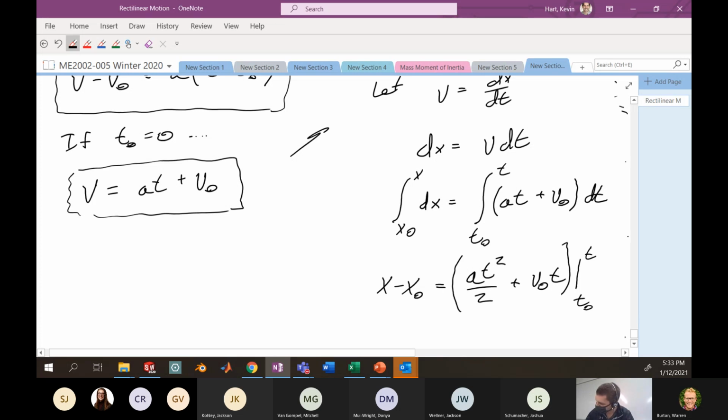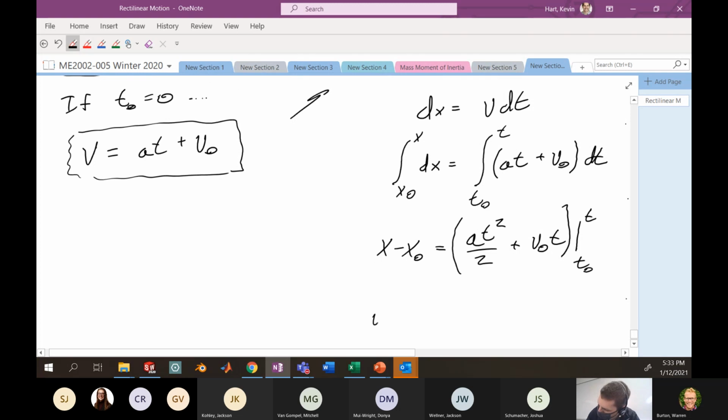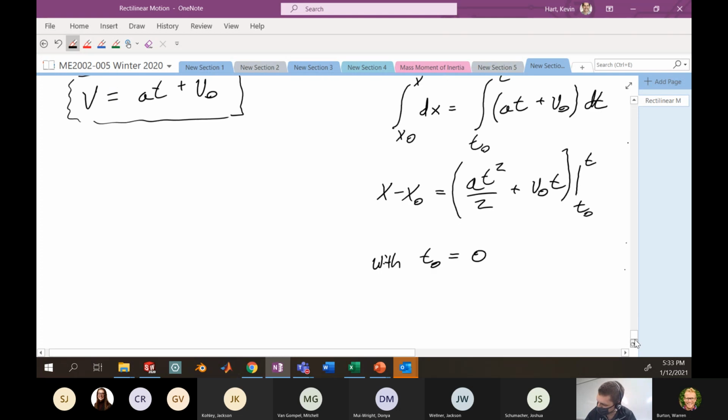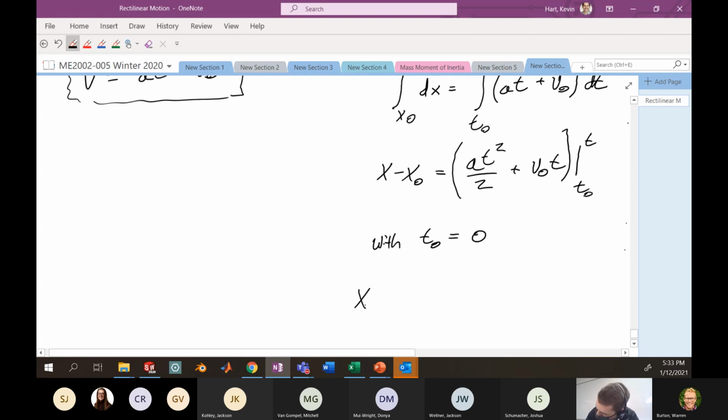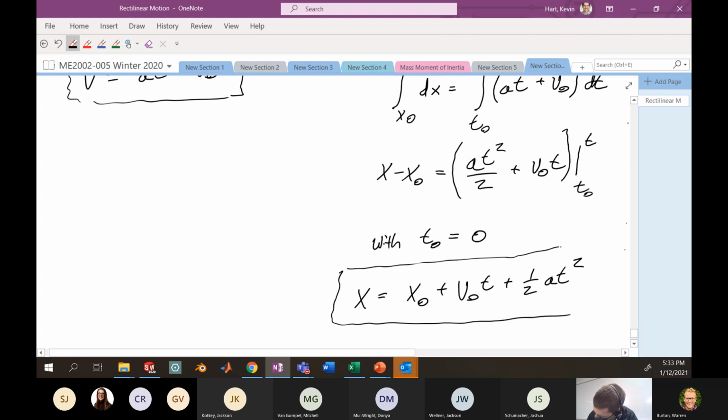Or with my initial time is 0, just typical. Then you get this expression, which for some reason is usually written in this way. Which is probably another constant acceleration equation you saw in your physics class. But you see now why we have this requirement of constant acceleration to make this happen. You can't really do these integrals easily unless you can pull these accelerations out.